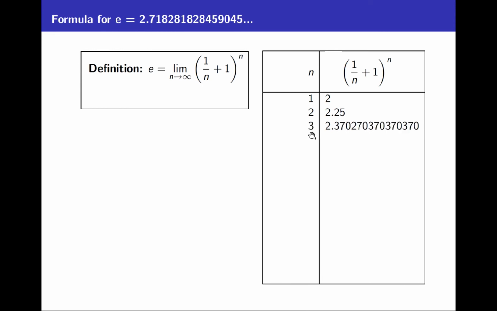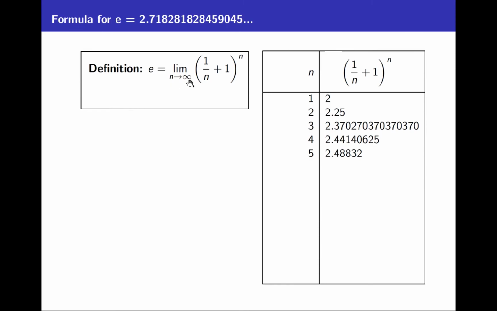For n equals 3, I took a calculator and worked out (1/3 + 1) cubed, and I got this number. For n equals 4, (1/4 + 1) to the power of 4 turned out to be this. And for n equals 5, (1/5 + 1) to the power of 5 gave me this.